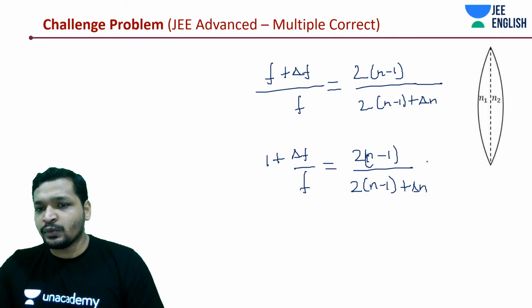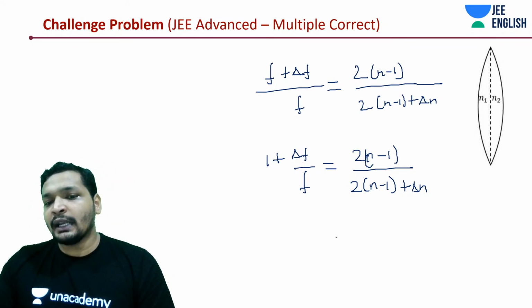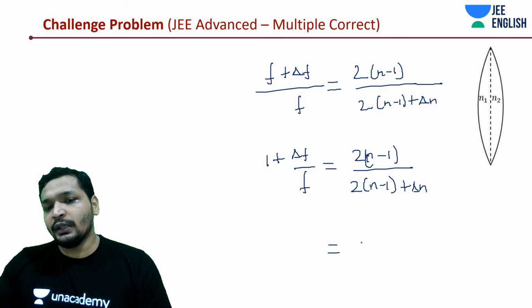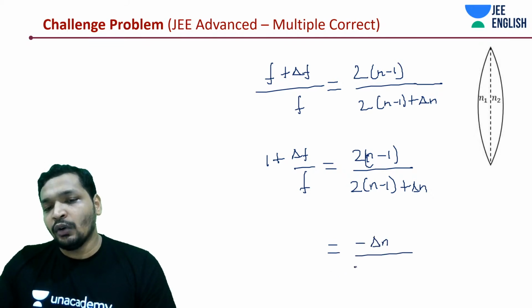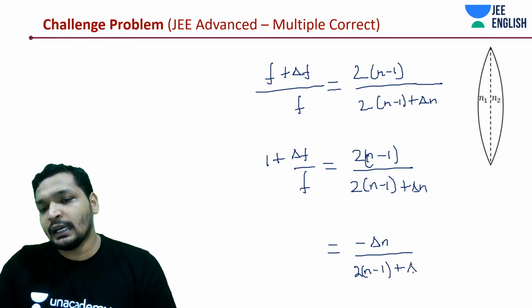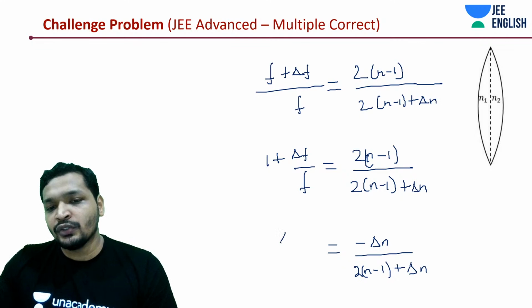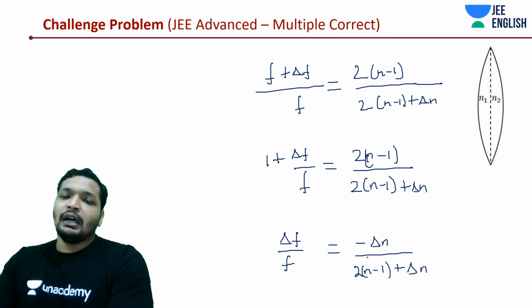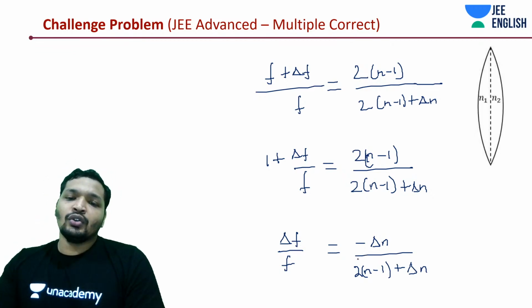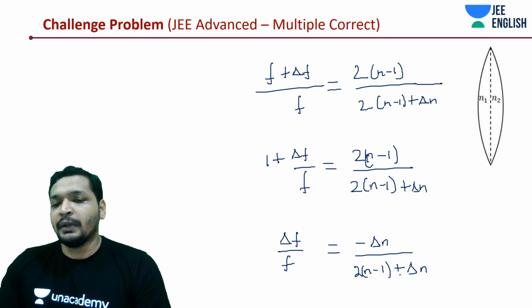It's basically minus 1, so minus delta n would remain. Okay, minus delta n divided by the whole thing, 2n minus 1 plus delta n. So this is delta f by f and this delta n divided by 2n minus 1 plus delta n.